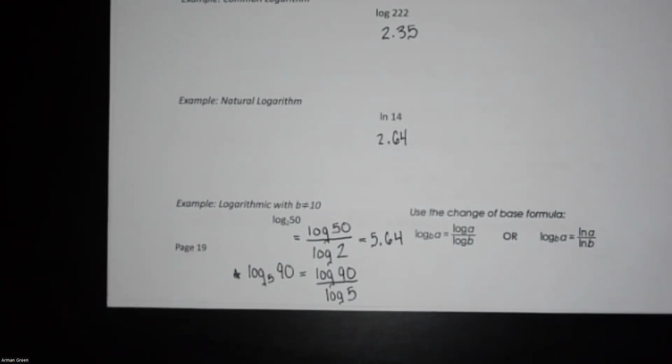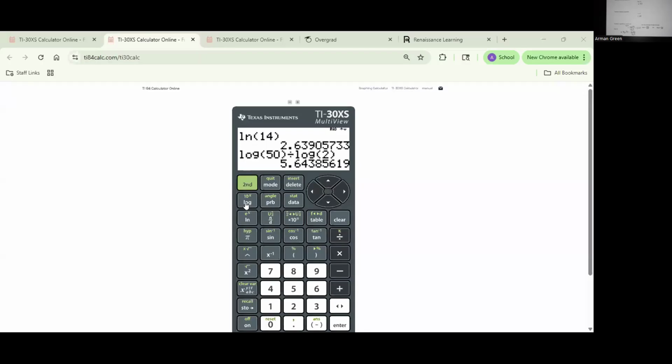Okay, so if we go back to that, all right, log of 90, close that out, divided by log of 5, close that out. What we get as our answer is 2 point, and I'm just going to round up, we're going to say 2.80.